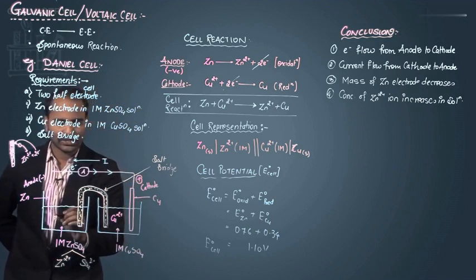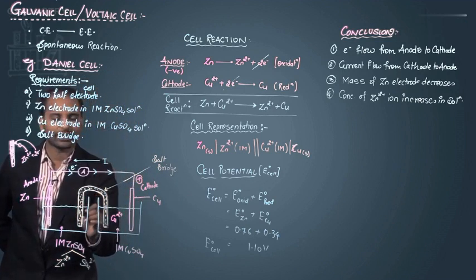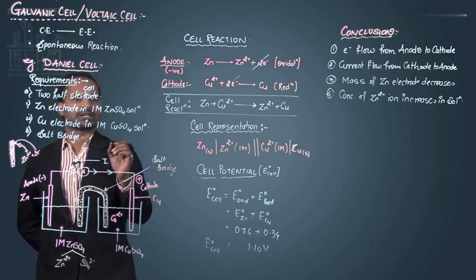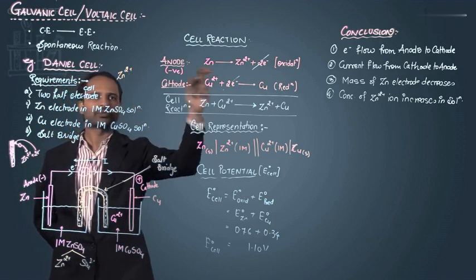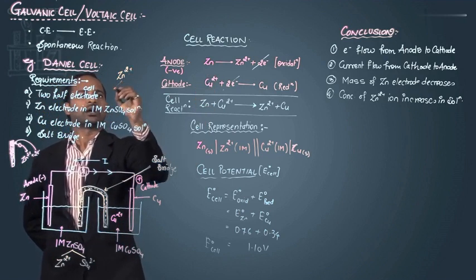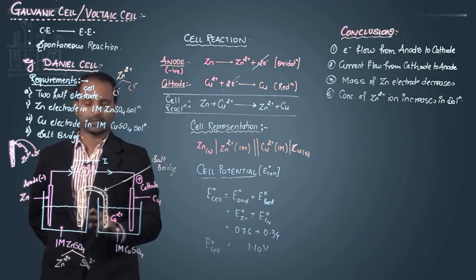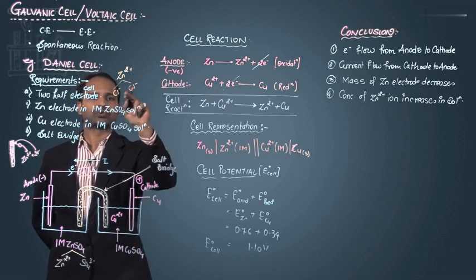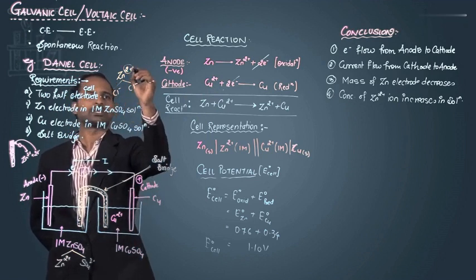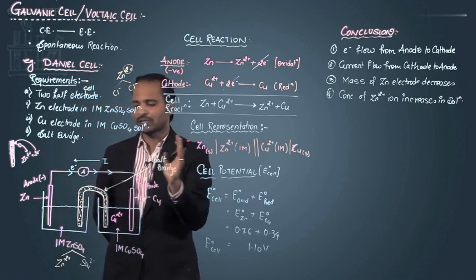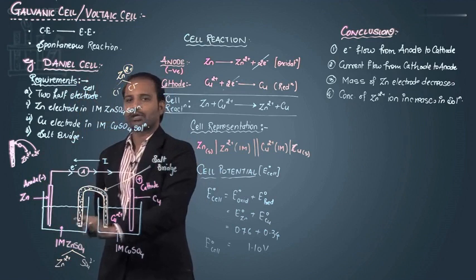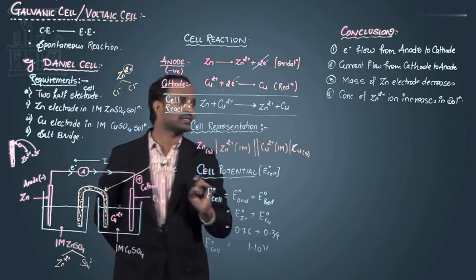Once the zinc ions start increasing, it will supply negative ions so that the solution remains neutral. Suppose one zinc ion is produced during the oxidation process, then to neutralize that zinc ion, how many chlorine ions are needed? Simply, 2 chloride ions will come from the salt bridge to nullify the +2 charge. To nullify that +2 charge, a 2 minus charge is needed. So if there is KCl, the salt bridge will supply Cl minus ions.